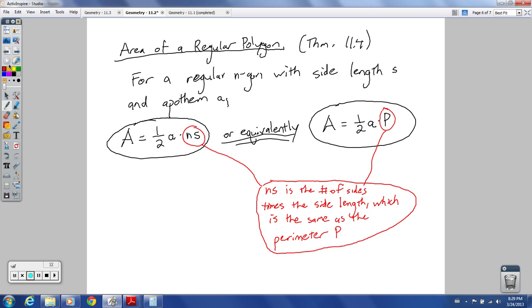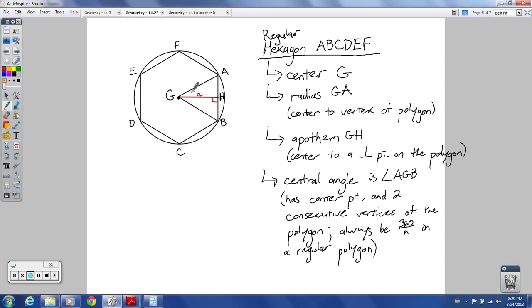Why does this work? Well, if we go back to this picture, if we're going to find the area of this particular hexagon, we could find 1/2 the base of each triangle here, with the central angle included in that, times the height of that triangle, which would be the apothem.